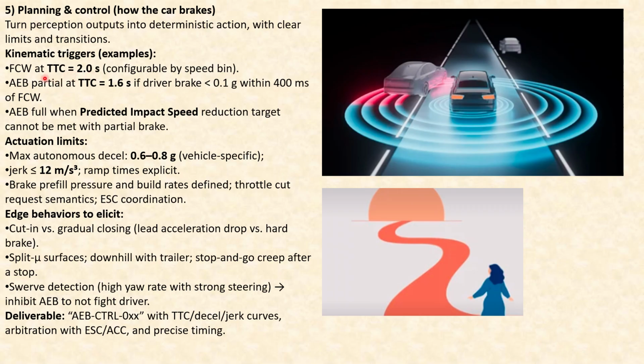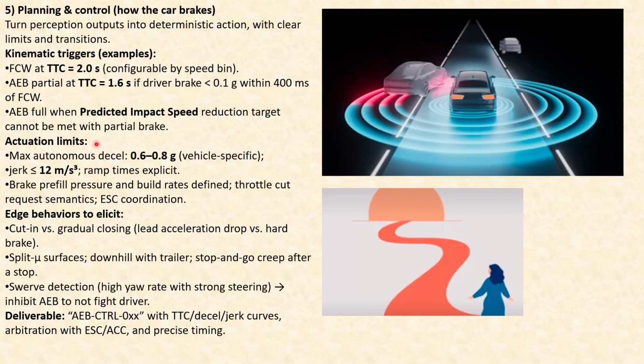So this is the time at which the trigger will be triggered. And next is AEB partial at TTC 1.6 seconds if driver brake is less than 0.1 within 400 milliseconds of forward collision warning. And AEB full when the predicted impact speed reduction target cannot be met with partial brake.